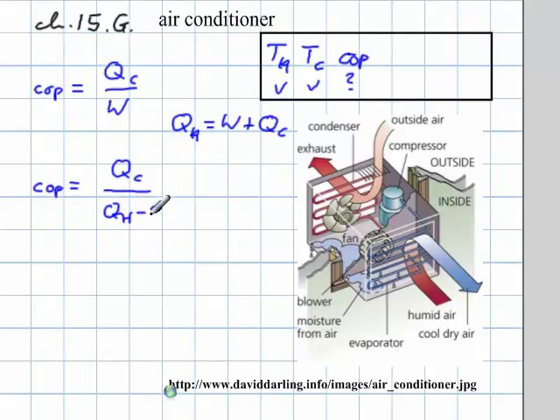Now I go back to that one equation that says a Carnot engine is reversible, and therefore it can also be treated as an air conditioner, refrigerator or heat pump. So QC over QH is the same as TC over TH.